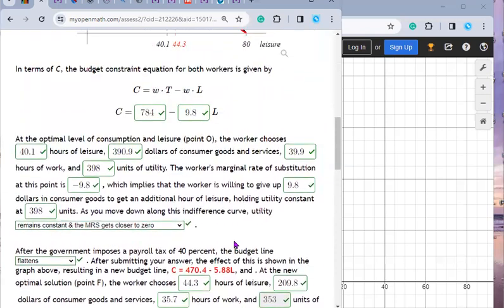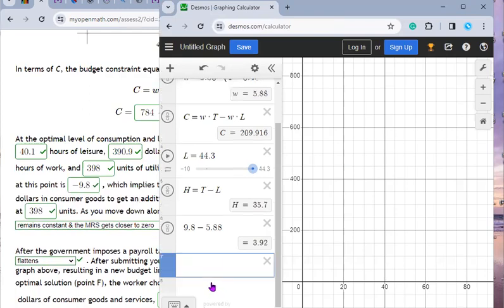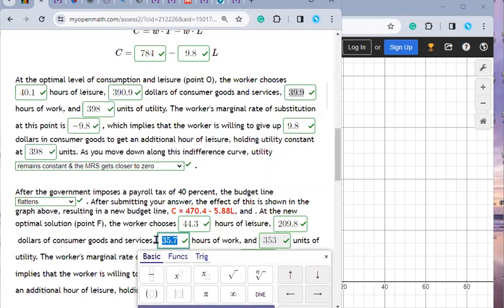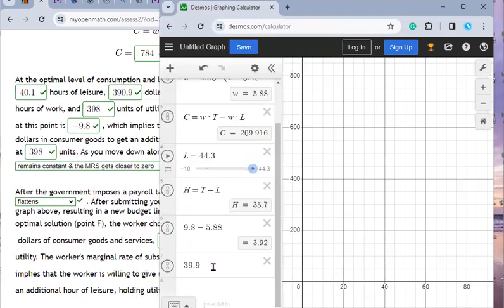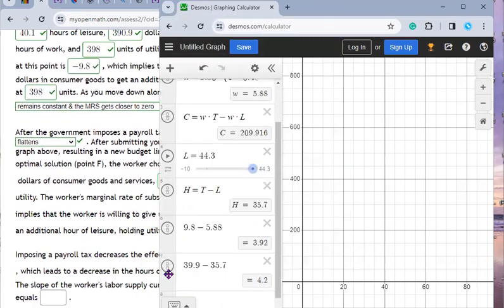So the worker initially supplied 39.9 hours. Now the worker supplies 35.7 hours of work. So hours of work fell by 4.2.